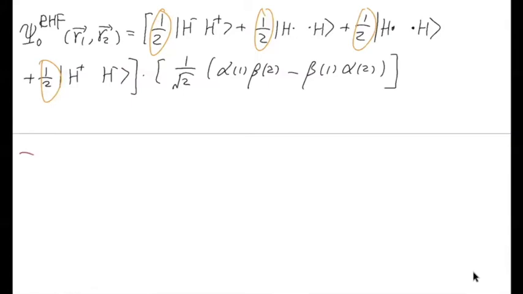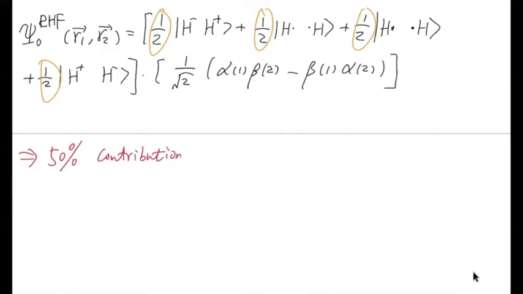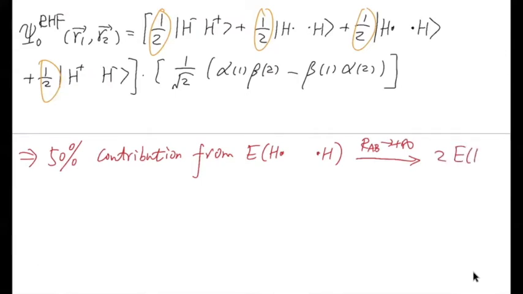That means we have 50% contribution from the covalent structure, which means you have two separated hydrogen atoms. And as the separation goes to infinity, this gives you 2 times the energy of the hydrogen atom.